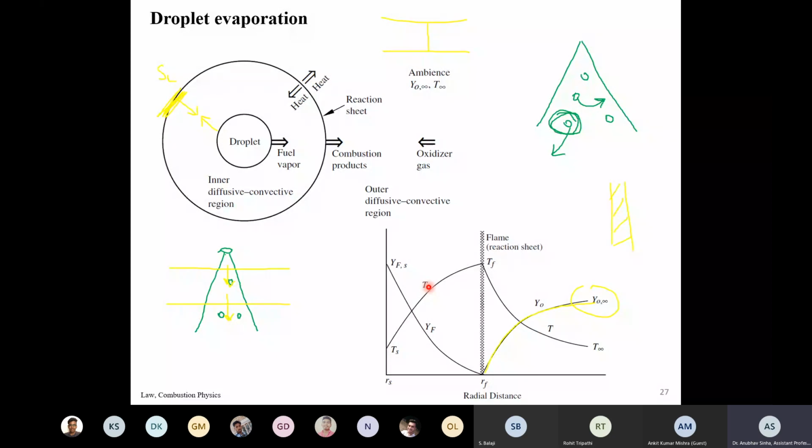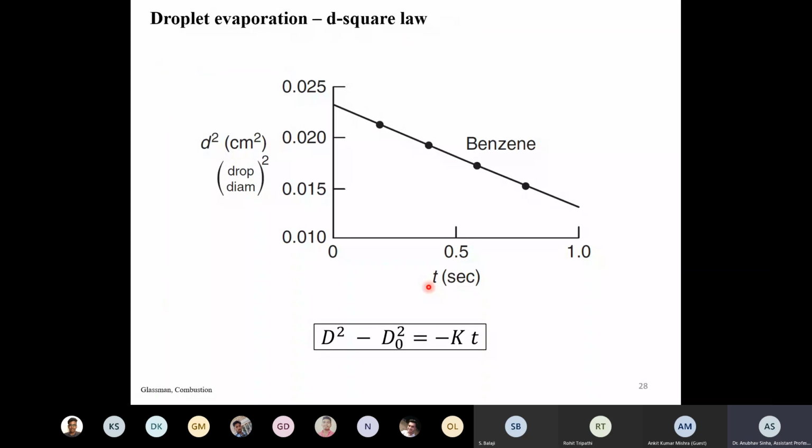When you do experiments on droplet combustion and take measurements of droplet diameter, if you plot the square of the diameter at different times, let us say at 0.2 seconds I measured the droplet diameter and this is the square of that, then at some other time I plot this. If you do the experiment, you see that all these d squares fall on a straight line.